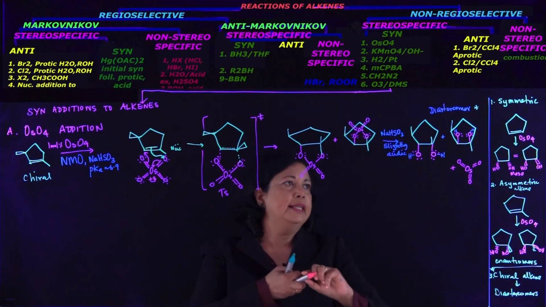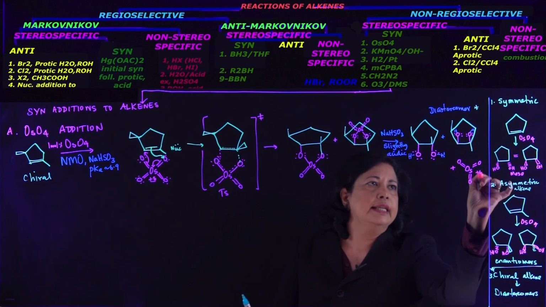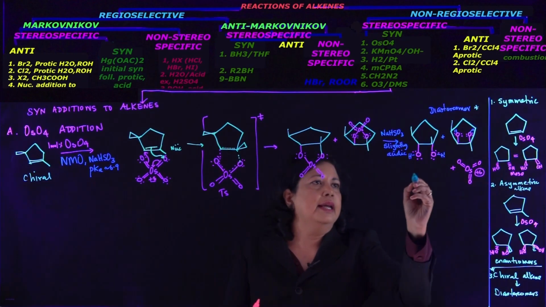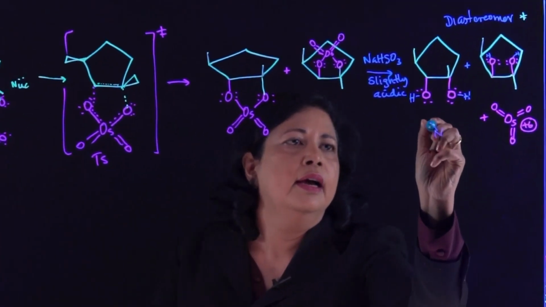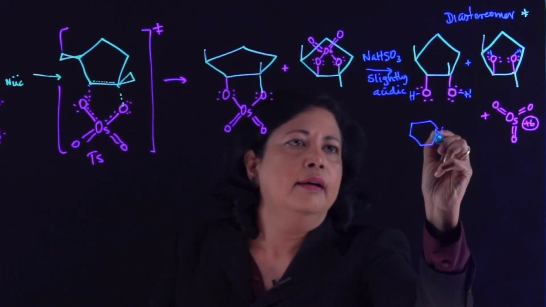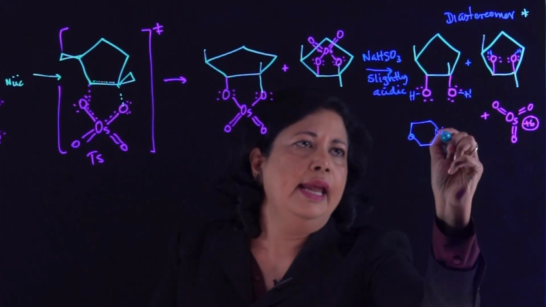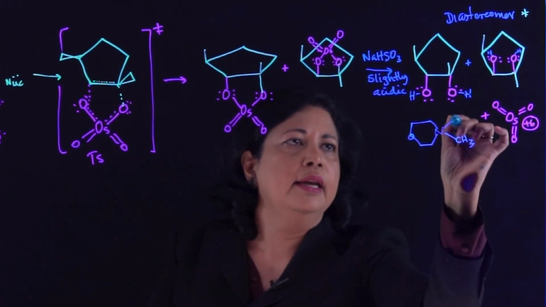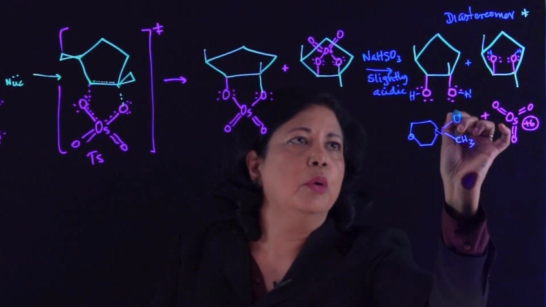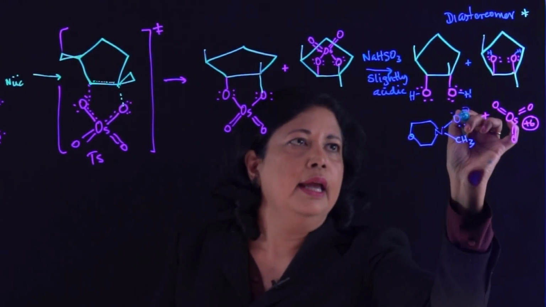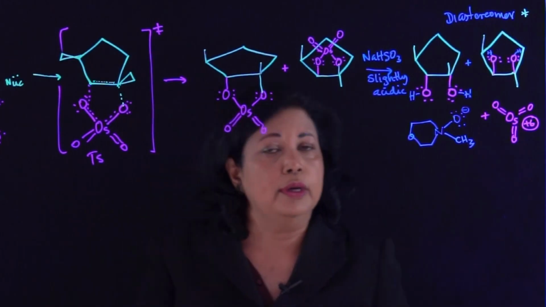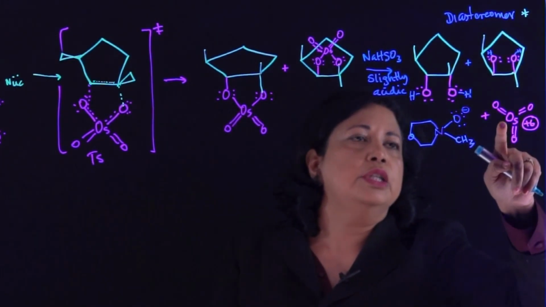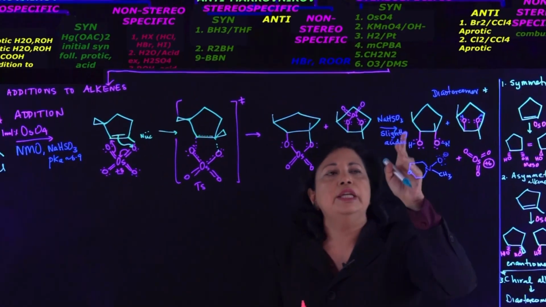From +8, it went to +6. It got reduced. So NMO comes in, and this is N-methyl morpholine N-oxide, NMO. This is going to then give that oxygen over here and regenerate it.